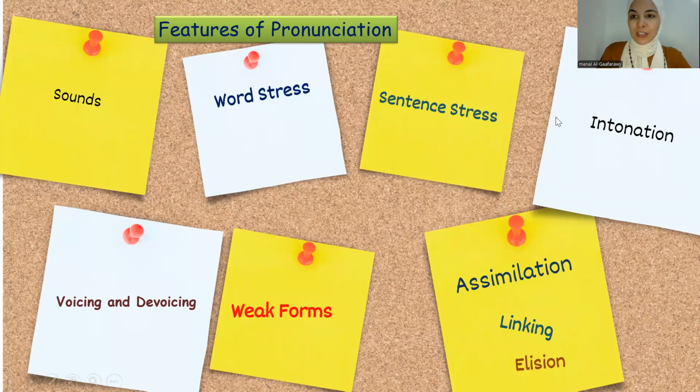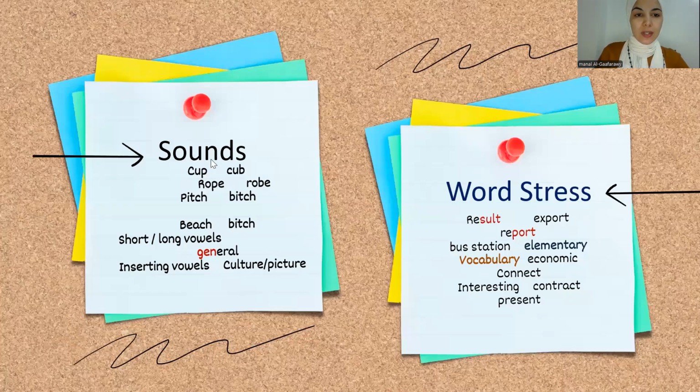The main features include sounds, word stress, sentence stress, intonation, assimilation, linking, elision, weak forms, voicing, and devoicing. Let's get deeper into those features. If we start with sounds, what should I know?